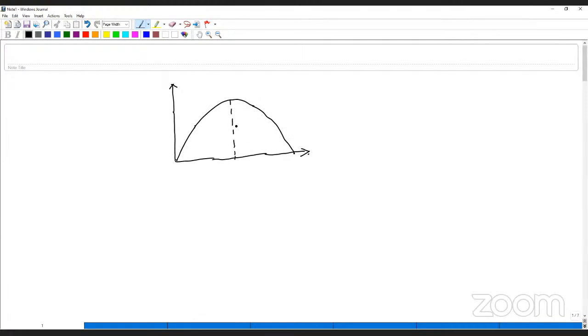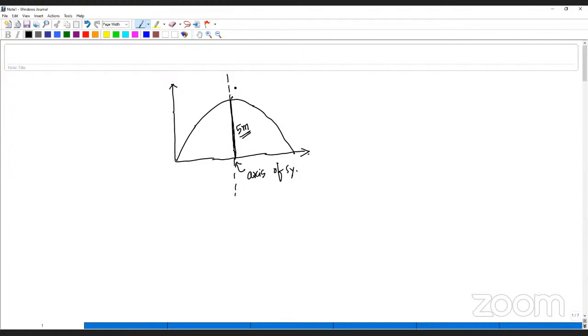So this distance is 5 meter, right? Yes. And this is your axis of symmetry, right? And what do you know about this? So this distance is 5 meter, right? So that means the y coordinate.